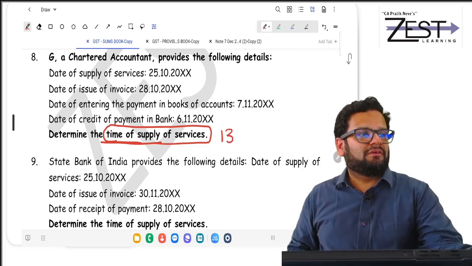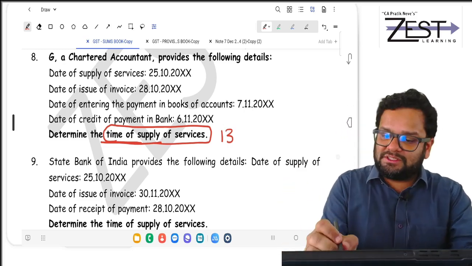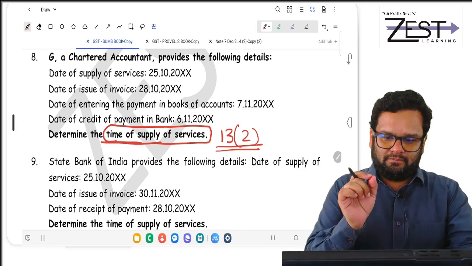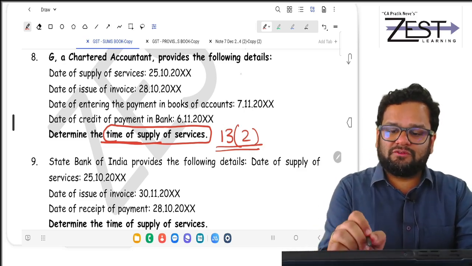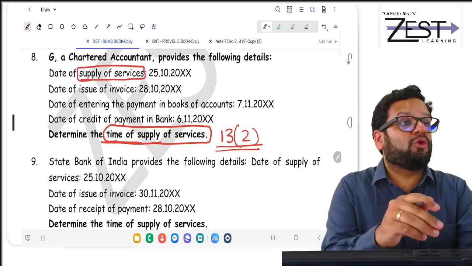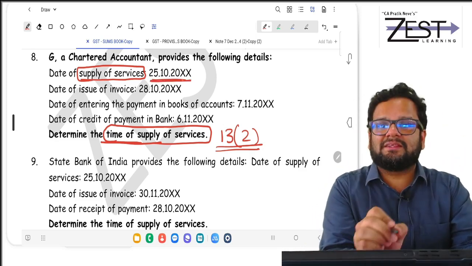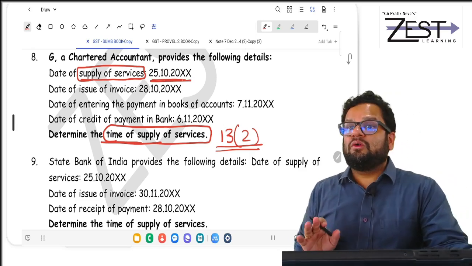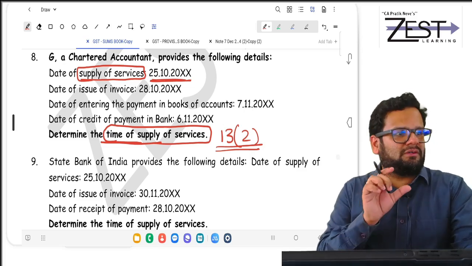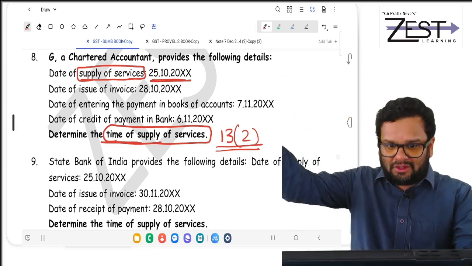Which subsection? When it is not said that it is reverse charge, means it is forward charge. There is a CA who gives the following details. He has supplied services, means completed giving services on 25/10. Now he should have made invoice till what date? He has got time till 24th of November.